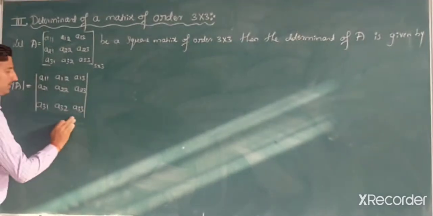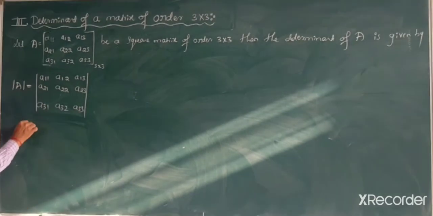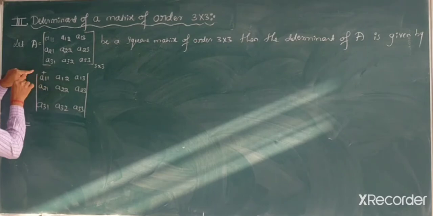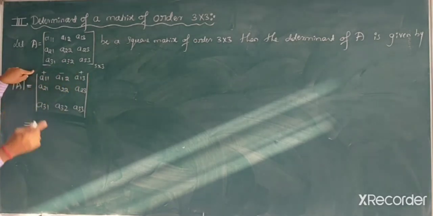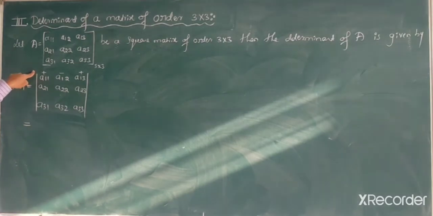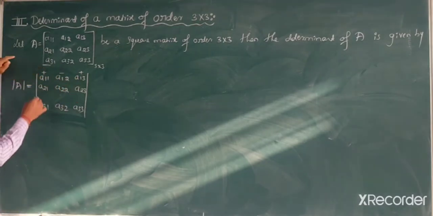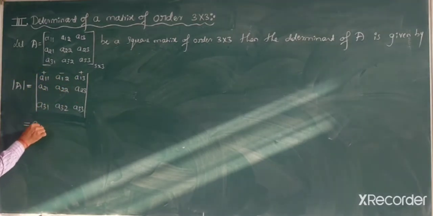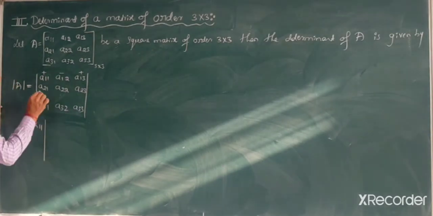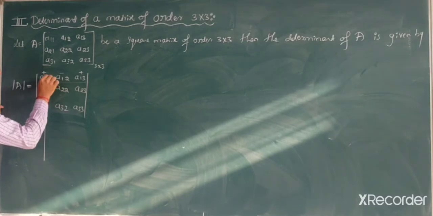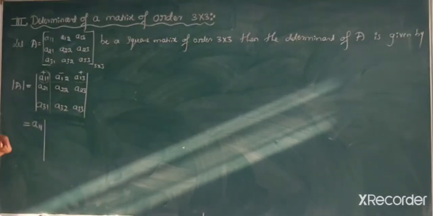Correct? How to expand this: first, the signs are positive, negative, positive, then negative, positive, negative, positive, negative, positive. First our job is to write A11. First you write the value of A11. After that, you have to delete the row and the column where element A11 is present.